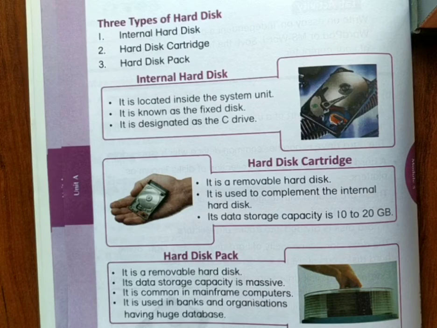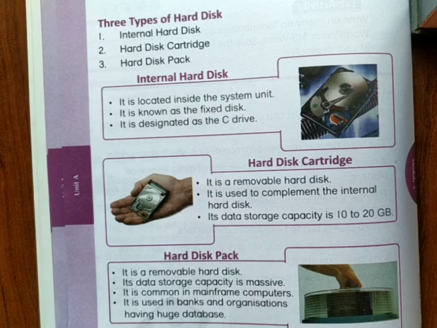The hard disk cartridge is removable. It is a small part you can take to another system, but its storage capacity is only 10 to 20 gigabytes. GB means gigabyte.